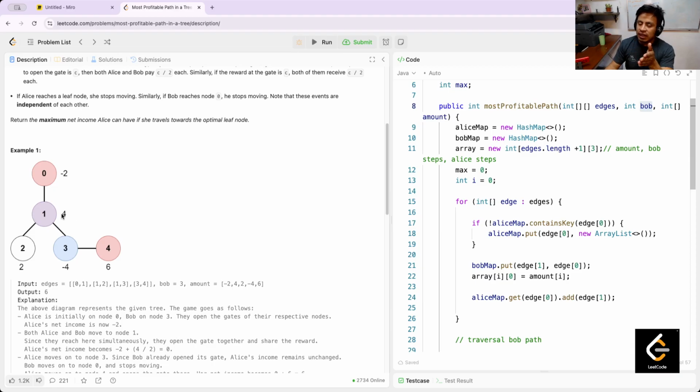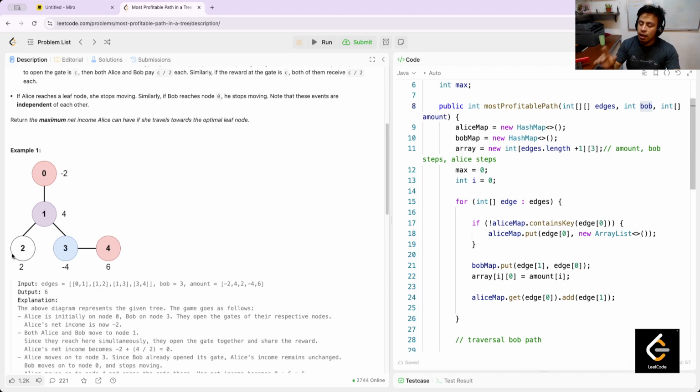Another way to see this is that where it's negative, you need to reduce, and when it's positive, it increases the current amount. Bob and Alice both start at 0, which means the result can be negative, but it doesn't matter. For example, Alice moves to this and then to this. If I apply this operation, 0 minus 2 is minus 2, plus 4 is 2, plus 2 is 6.